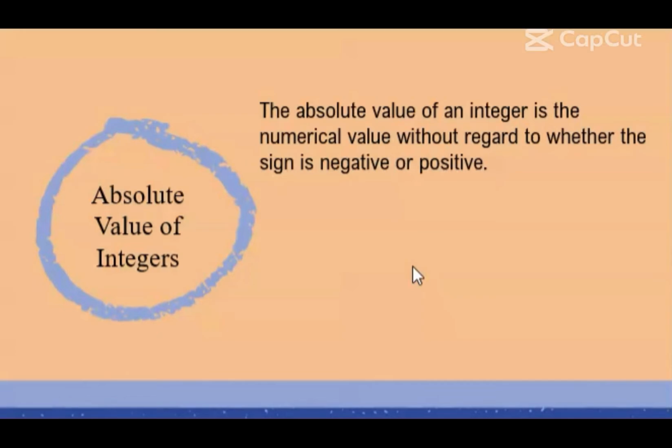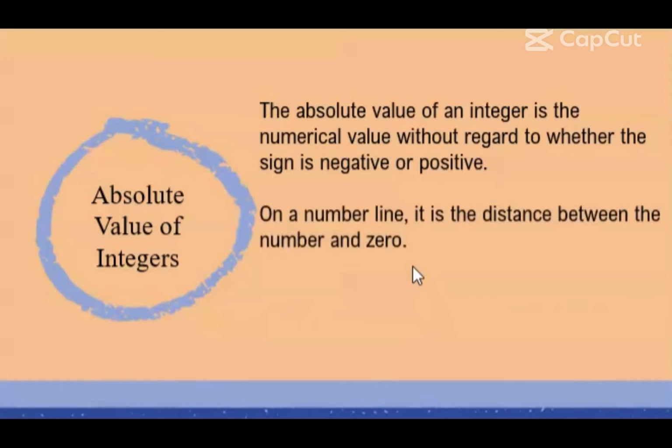Kapag absolute value ng number, yung number mismo yon. Okay? Regardless of sign, negative man or positive. So, on a number line, the absolute value is the distance of a number from zero. Okay? Yung distance nila from zero. Yun yung absolute value ng number.